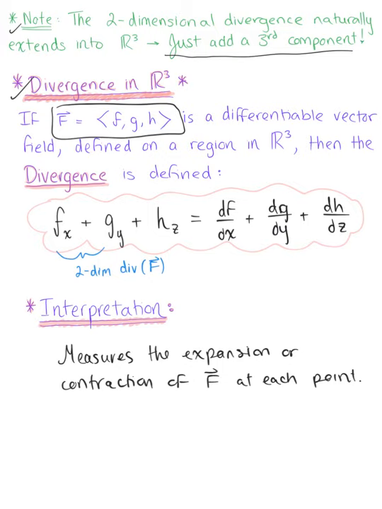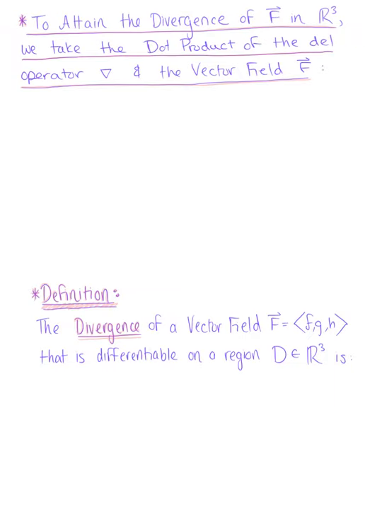So let's go ahead now and think about the interpretation and the derivation of the divergence in space in a little bit more detail. To attain the divergence of a vector field in 3 dimensions, we're going to need to take the dot product of the del operator and the given vector field.